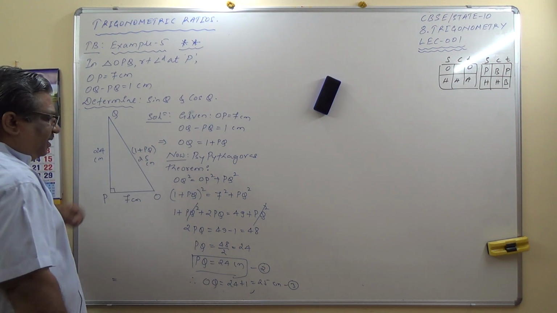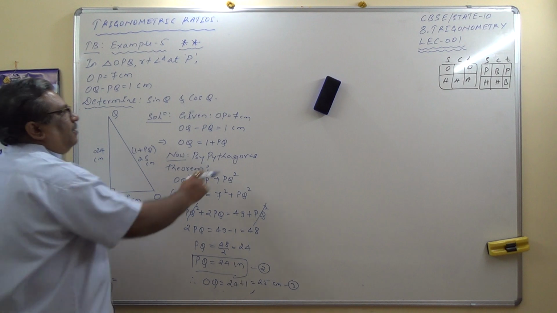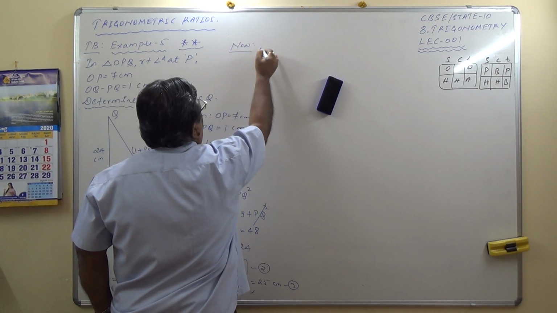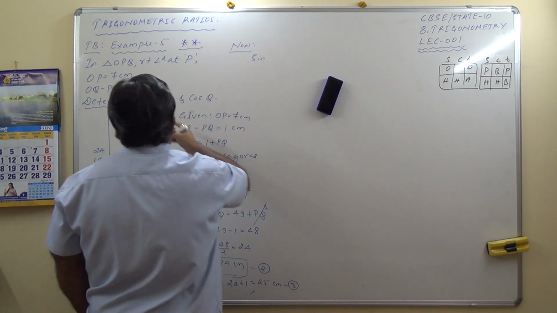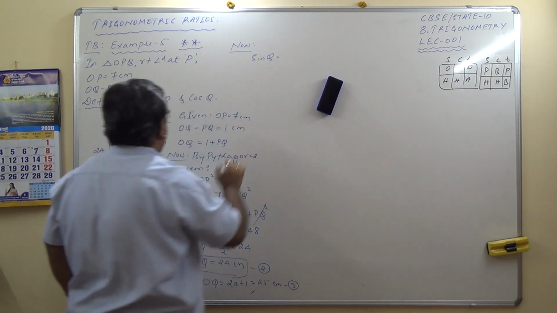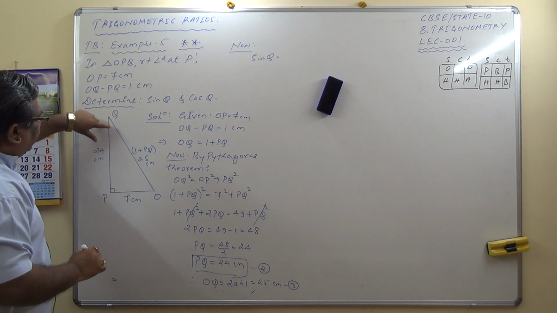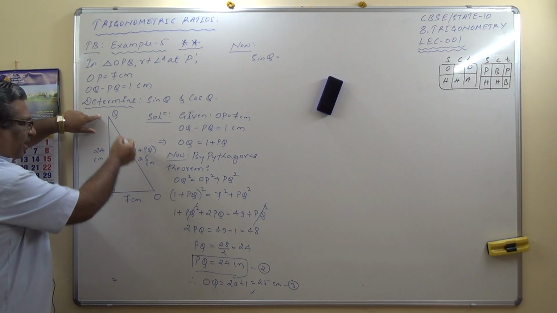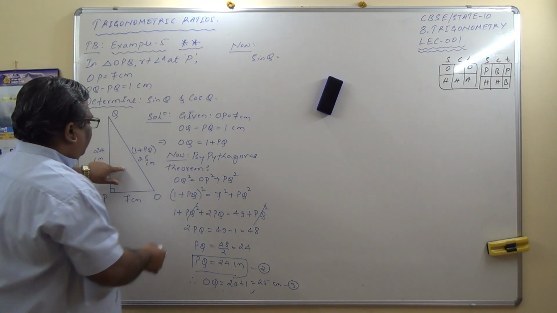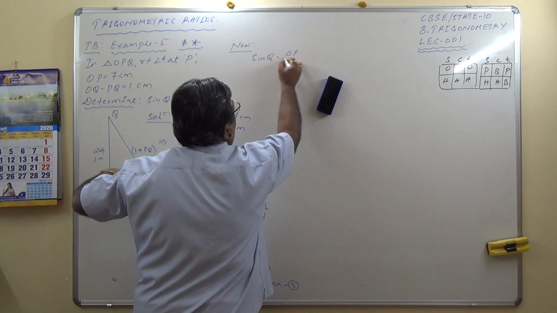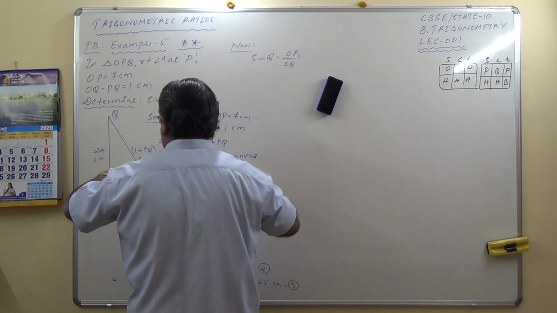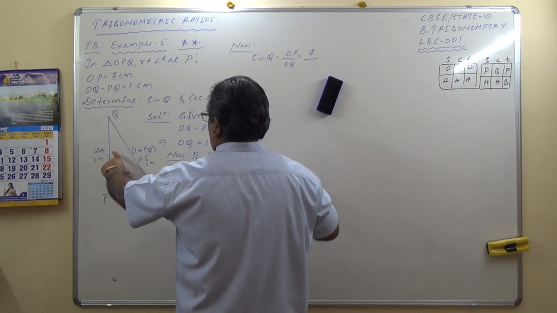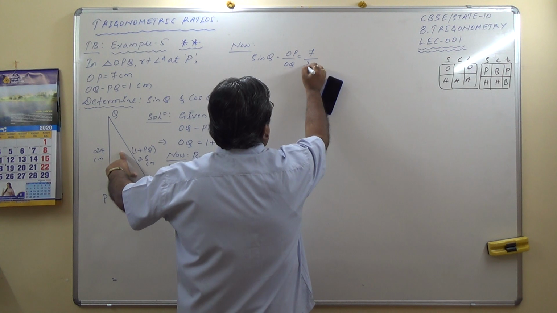I found out all the three sides, and therefore now sine of Q. What is this angle? Q here. Sine of Q means this is opposite, this is hypotenuse. Opposite by hypotenuse, OP by OQ. OP is 7 centimeter divided by OQ is 25 centimeter.